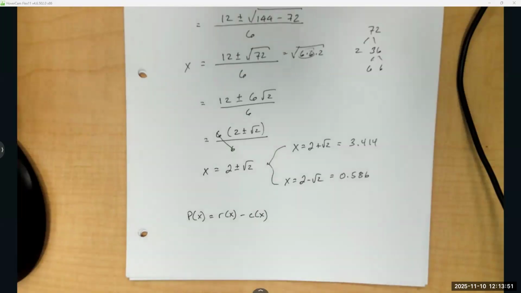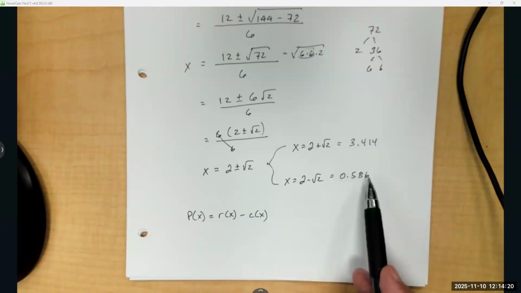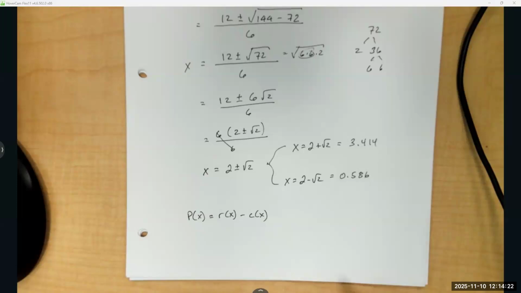Actually, is there another way we can do that? Since we're looking for the maximum or minimum, do we know any functions, any operations that we dealt with in calculus that'll tell us if it's going to be a maximum or minimum? First derivative will find us what? Simply the extrema, which we did. What's the second derivative going to find for us?